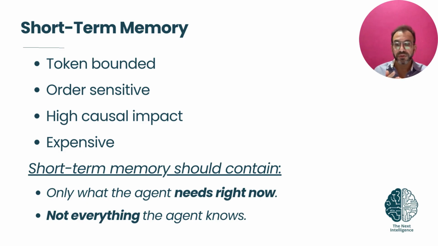Third, it is order sensitive. And fourth, it has high causal impact. So every token in the prompt shifts the probability distribution of the next token to be generated, which means irrelevant memory is not neutral. It is actively harmful.